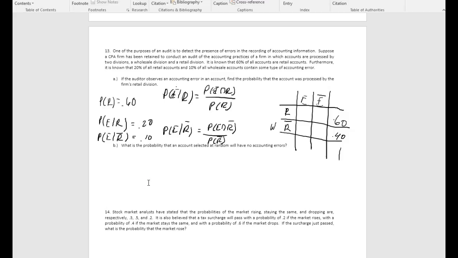We have 0.2 for this one, 0.1 for this one. The probability of not R is 0.4, and the probability of R is 0.6.